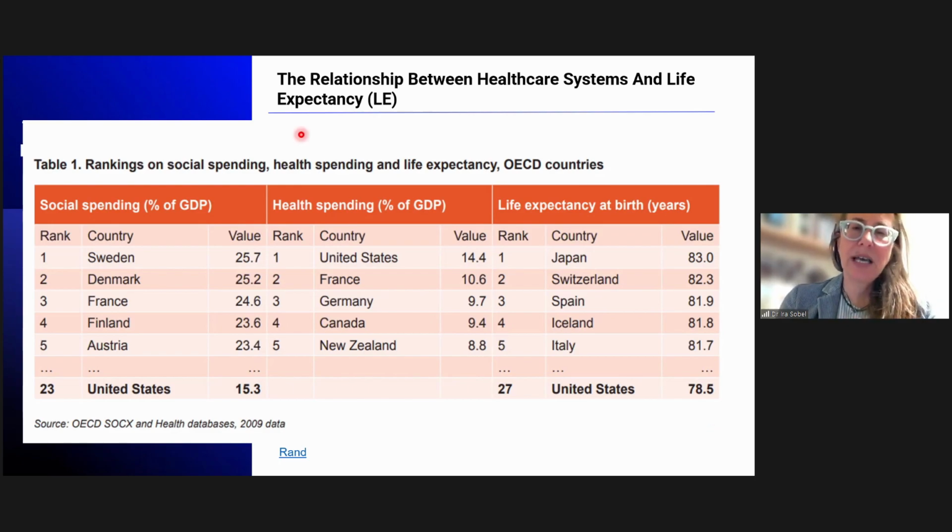This gives us interesting additional data, and as Taylor and Bradley demonstrate, the importance of social spending on health outcomes, on life expectancy. As we can see here, the United States is ranked first in health spending as percent of GDP, however, ranked only 23rd in social spending.